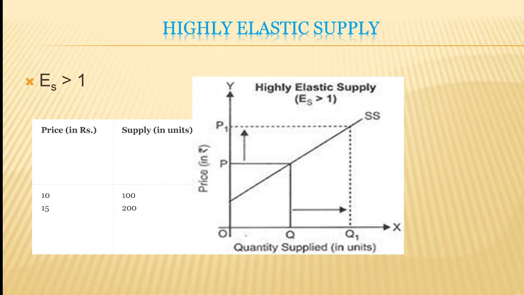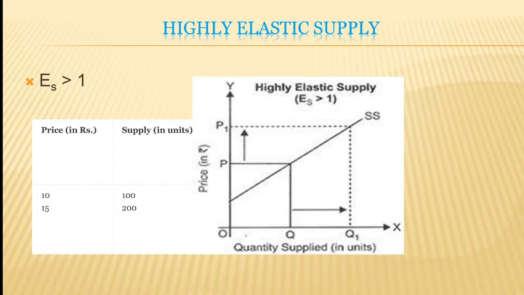So in the chart I am explaining, from P to P1 the price increases, and from Q to Q1 the quantity also increases, and the supply curve is shown intersecting both P and P1. That is ES, where it is greater than 1.